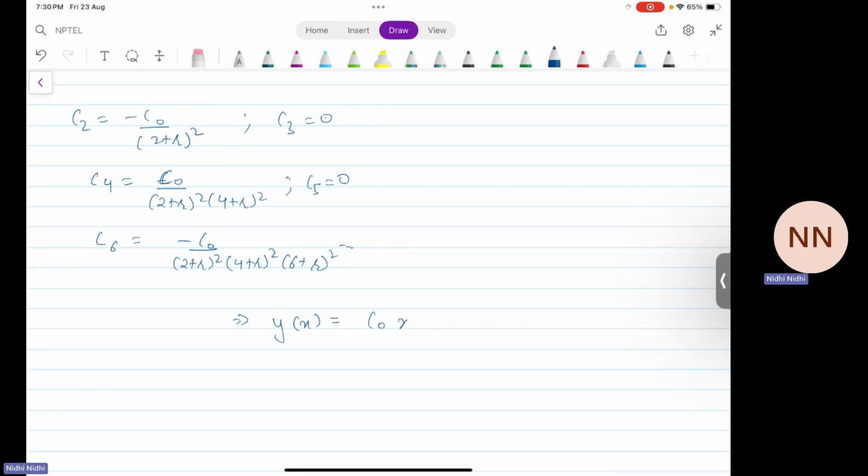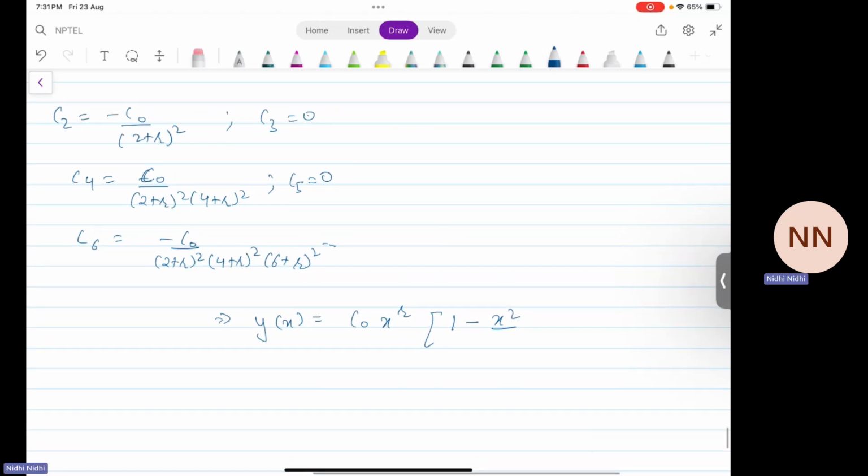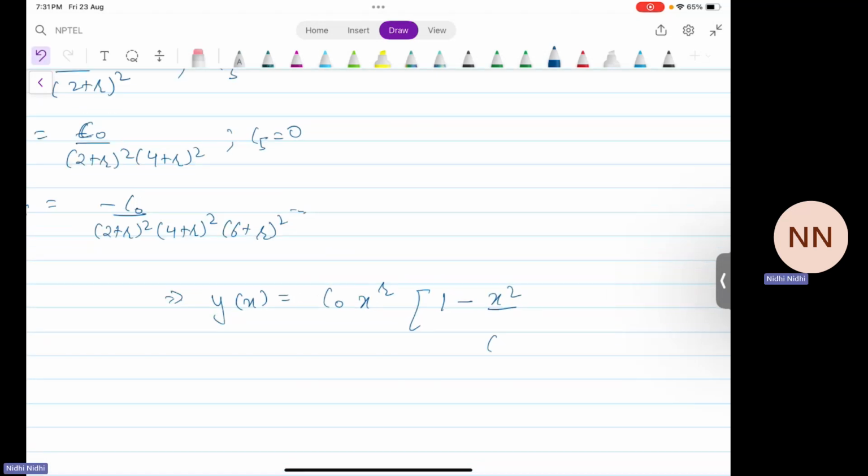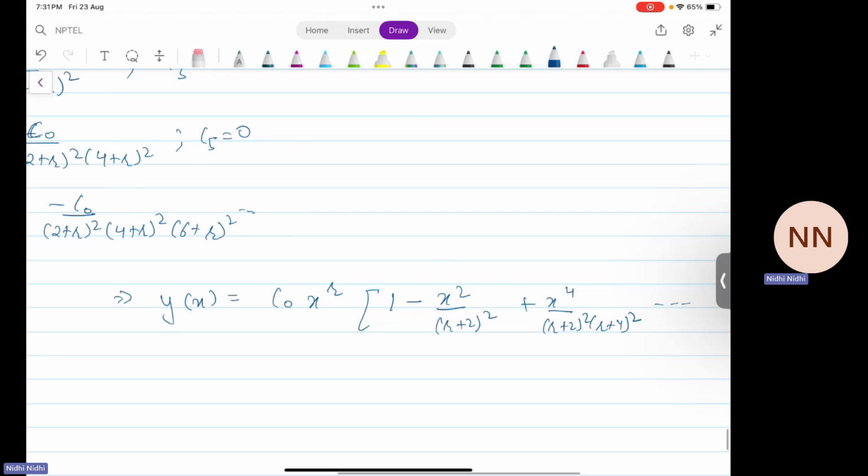C naught x to the power r times 1 minus x square by (r plus 2) whole square plus x power 4 by (r plus 2) square (r plus 4) square and so on.